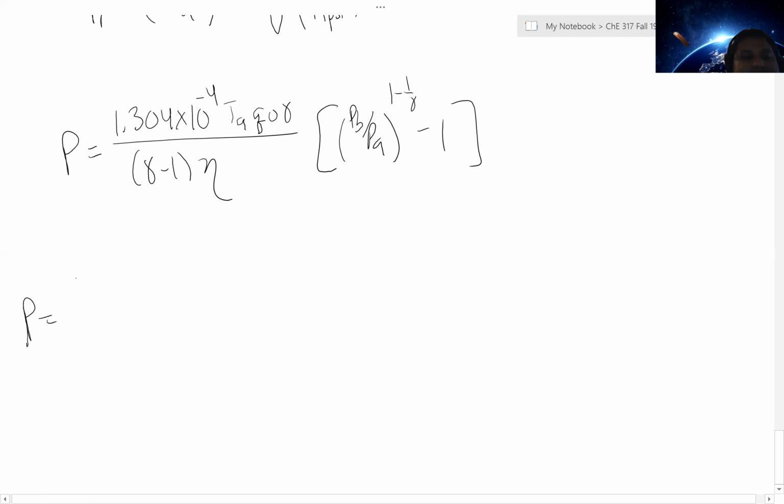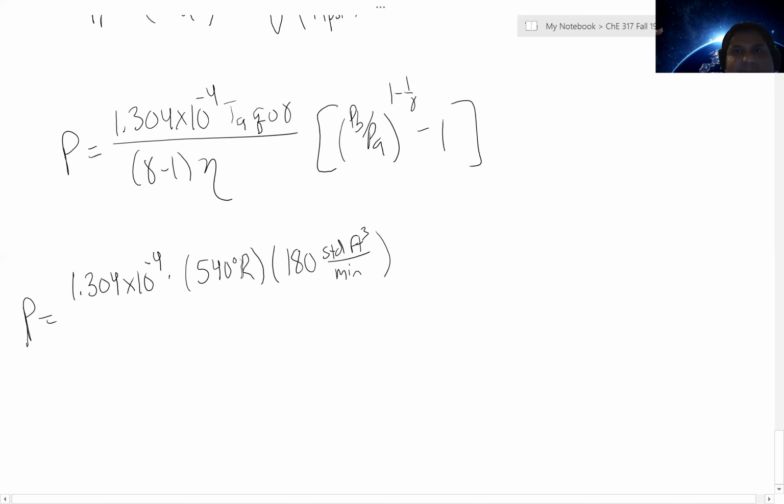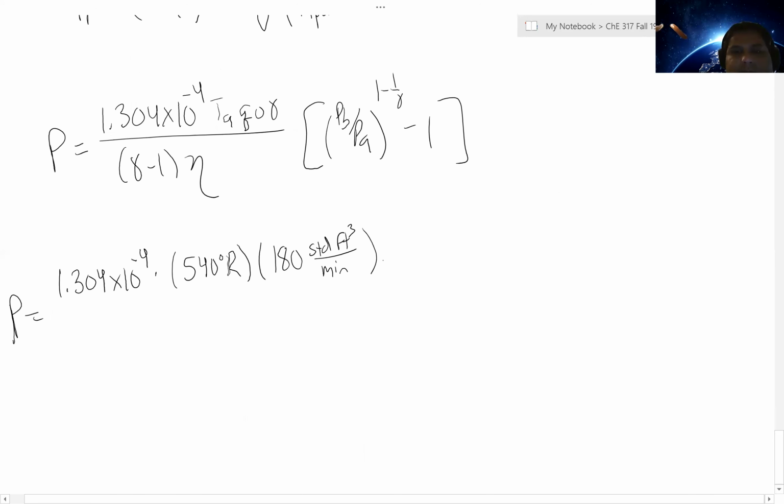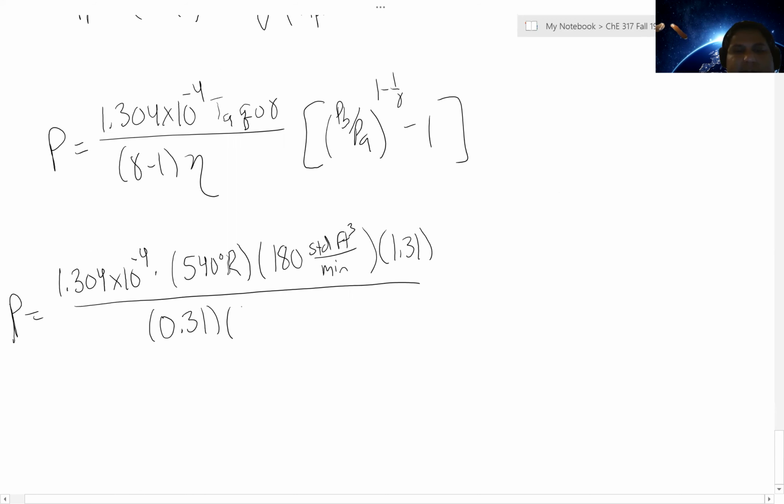So I have power is equal to 1.304 times 10 to the minus 4 times my temperature, which is 540 degrees Rankine, times my flow rate, which is given at 180 standard cubic feet per minute, times gamma, which for methane should be approximately 1.31, divided by gamma minus 1, or 0.31, times the efficiency factor of 0.8, times the quantity, our pressure ratio, which we got as 4, to the 1 minus 1 divided by 1.31 power, minus 1.